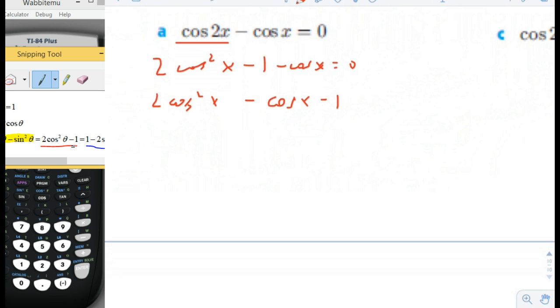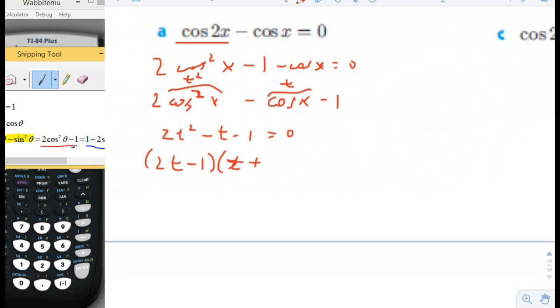So, and then we substitute in t for that and t squared for that. So we have 2t squared minus t minus 1, and now it's just a quadratic equation that we're factoring. 2t minus 1 times, this would just be t plus, no, t minus 1, and I think this one would be plus.